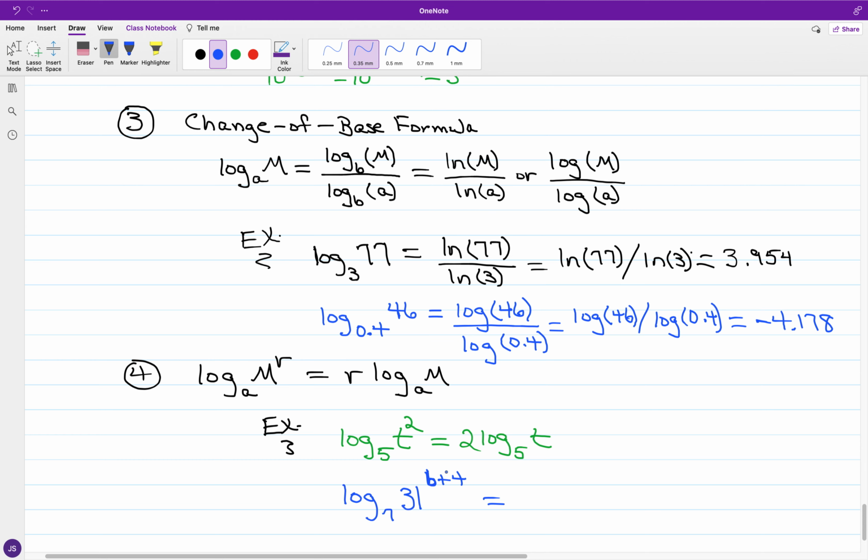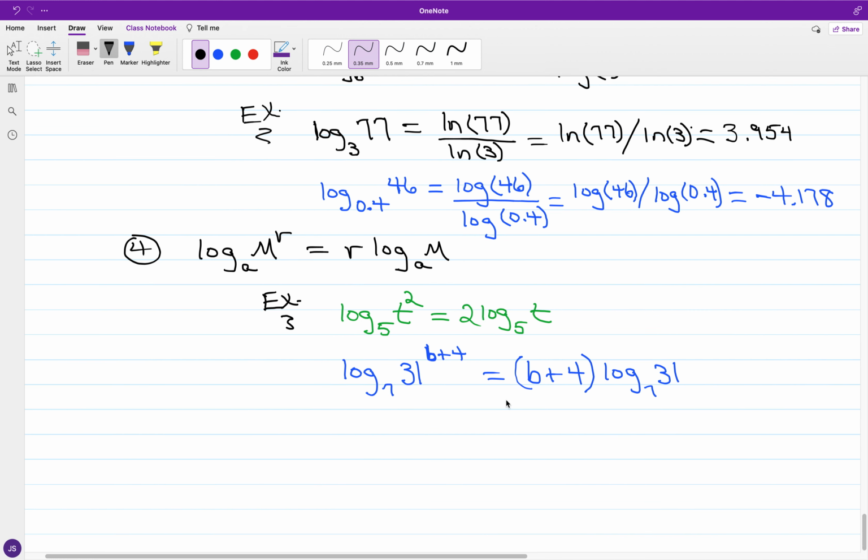If I shift b plus 4 over to the front, now all of r is multiplying the base a logarithm of m. To have b plus 4, everything, multiplying the logarithmic expression, I'm going to need parentheses. So we have all of b plus 4 times the base 7 logarithm of 31.